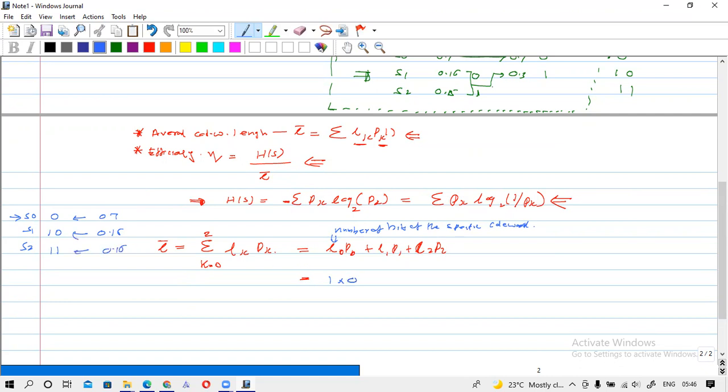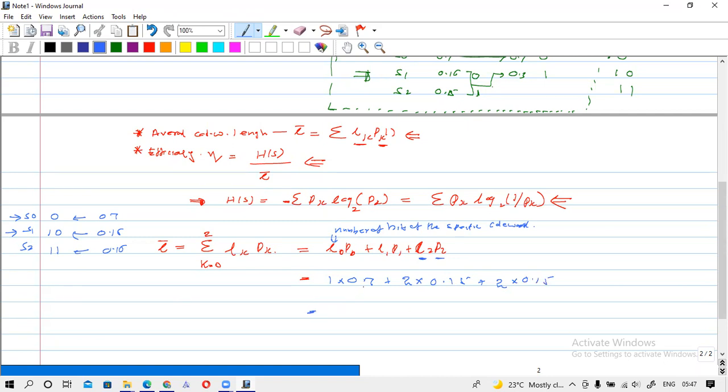So you will have 0.7 here plus L1, that means the S1 code word length, which is 2 bits, times 0.15, plus for S2 there are also 2 bits, so the code length is 2 and the probability is 0.15.